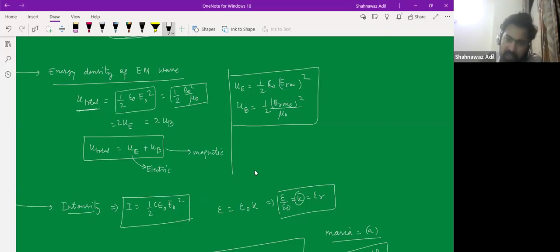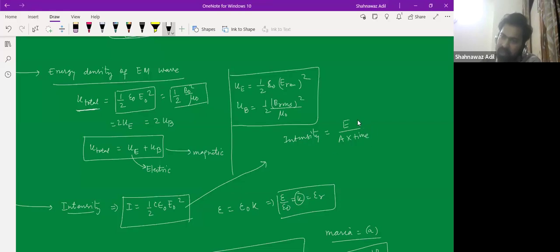Sometimes you'll get this question; many times it has been asked, and they have given the intensity. Intensity is energy per unit area per unit time.